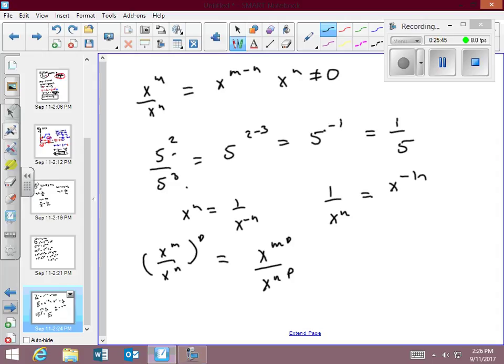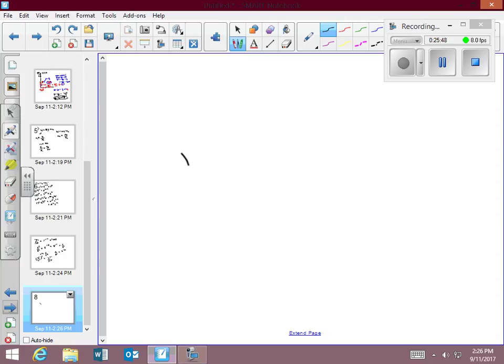Here's an important concept. X to the 0th. What is the 0th power of any number? Always equals 1. I just want to show you something here. If I go 2 to the first power, what do I get? 2. 2 to the second power? 4. 2 to the third power? 8.